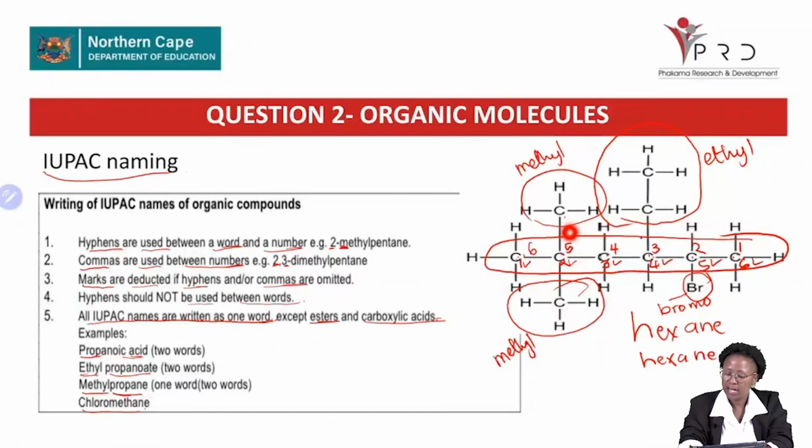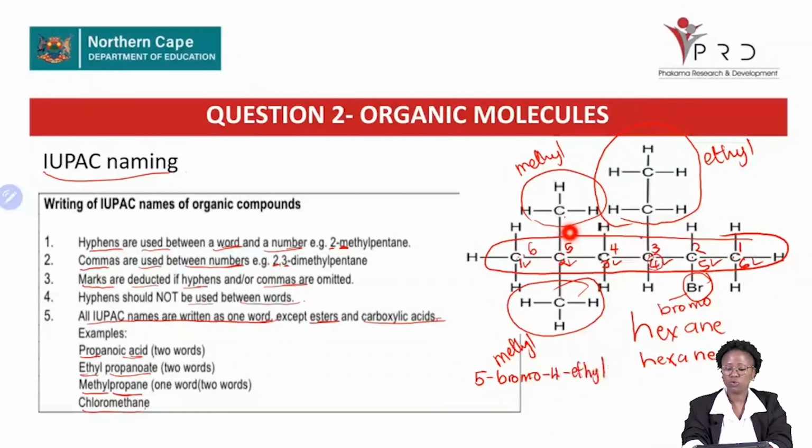So to start here, I will start with my bromo. My bromo is on carbon number 5, so I'm going to write 5-bromo. What else do I have after bromo? Comes E for ethyl, right? Then ethyl is on carbon number 4, so dash 4-ethyl.